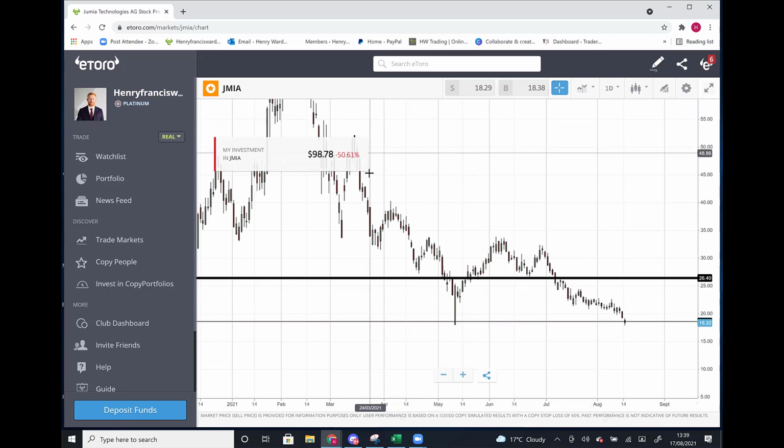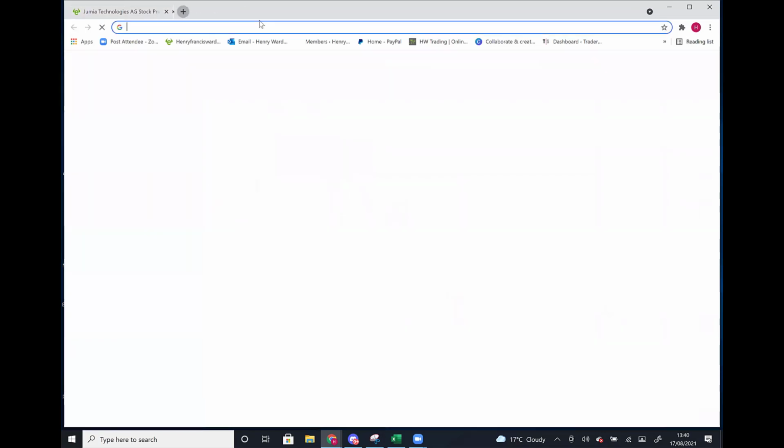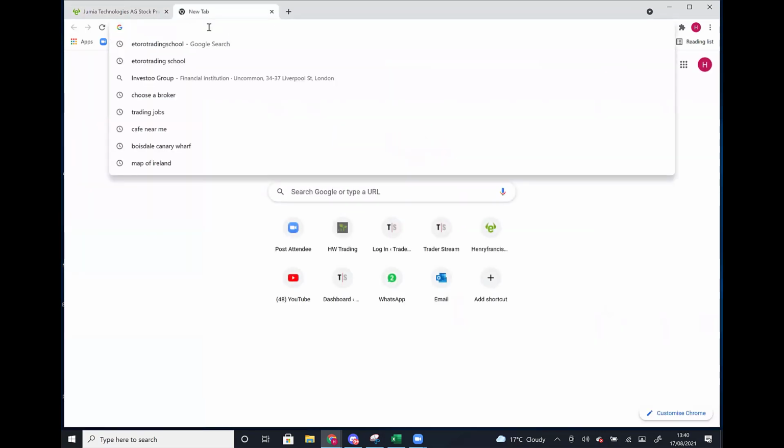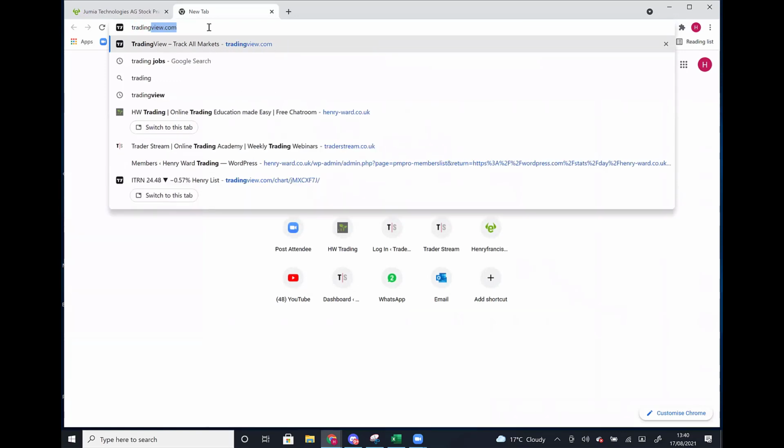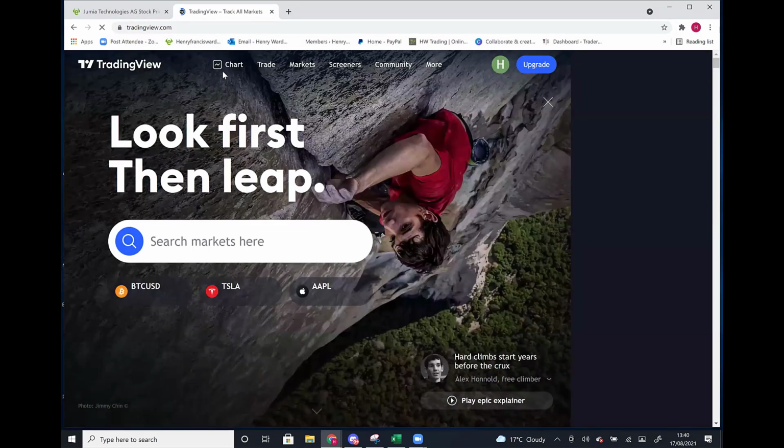What's the pre-market on this one? Has anyone seen the pre-market on this? Anyone who wants pre-market, just type in TradingView. If you go to TradingView, it gives you pre-market. I go to charts.